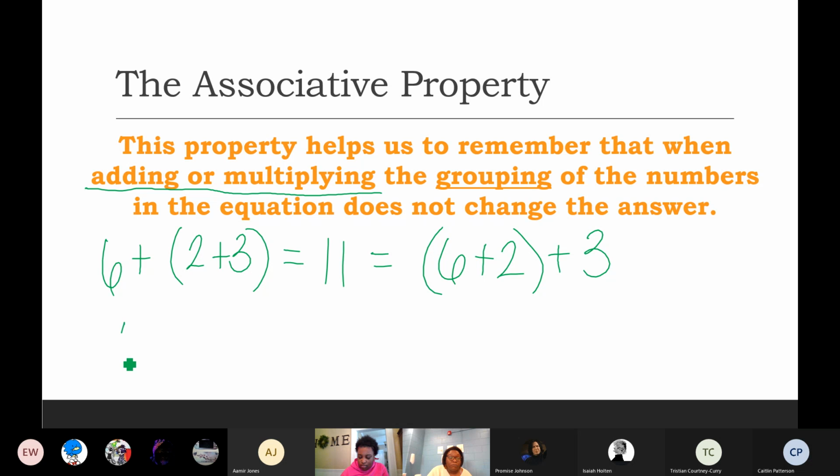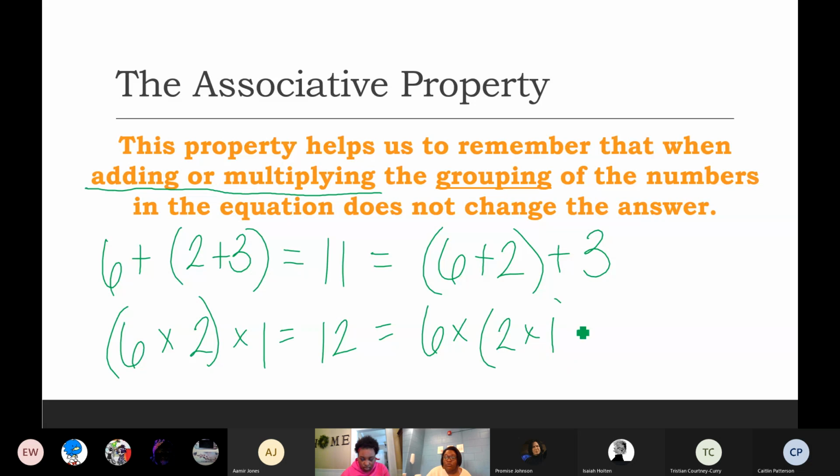Another example with multiplication, 6 times 2 times 1 will still equal 12, just like 6 times 2 times 1 with different grouping, okay? I grouped the numbers differently, but it still will give me the same answer. Take some time to get this done, please.